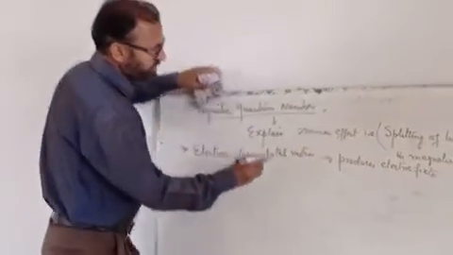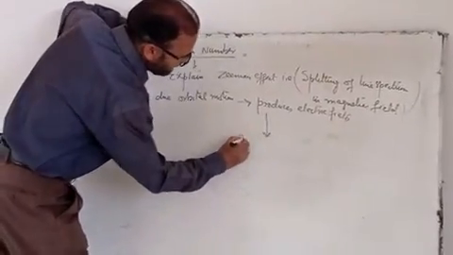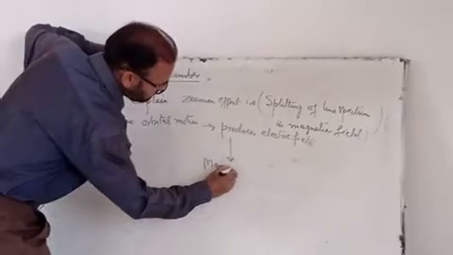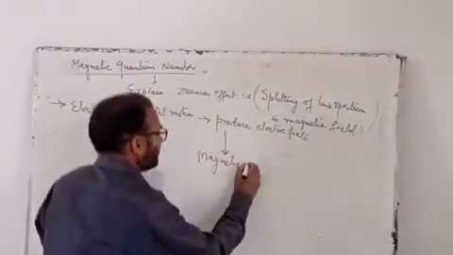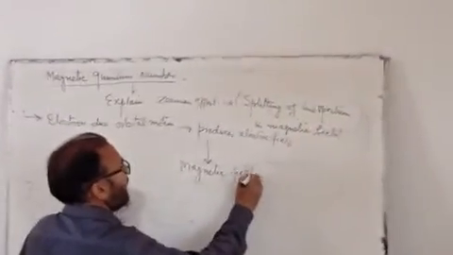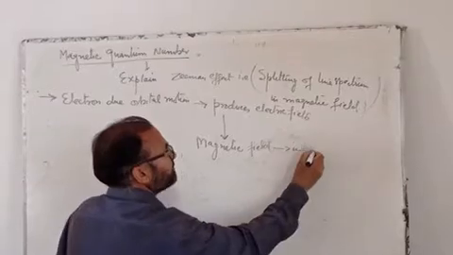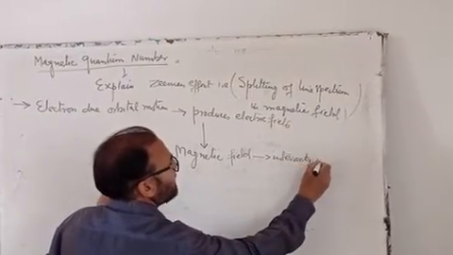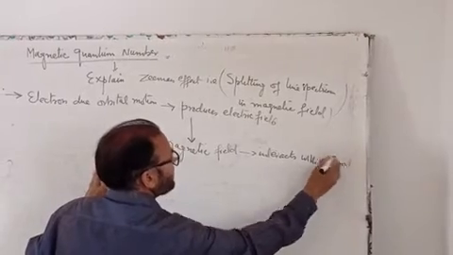And an electric field in general generates a magnetic field. It produces a magnetic field, which interacts with the external magnetic field.